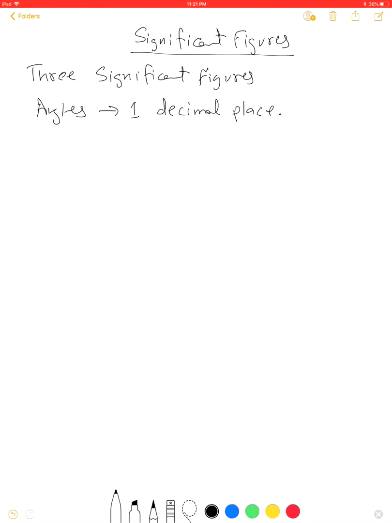So let's say we have a number 2000 and you want to figure out how many significant figures it has. So one important rule to remember is that all your trailing zeros, which are zeros that come right after a non-zero number, are considered insignificant.